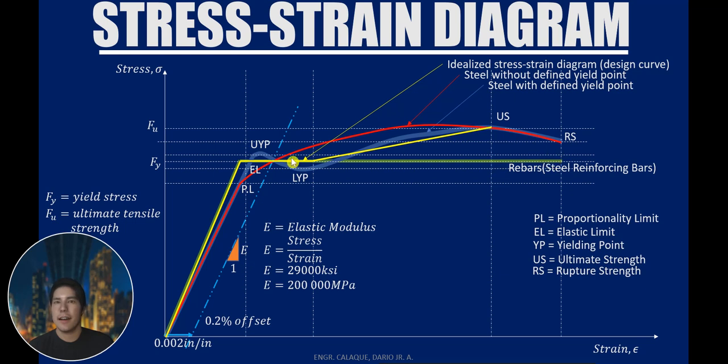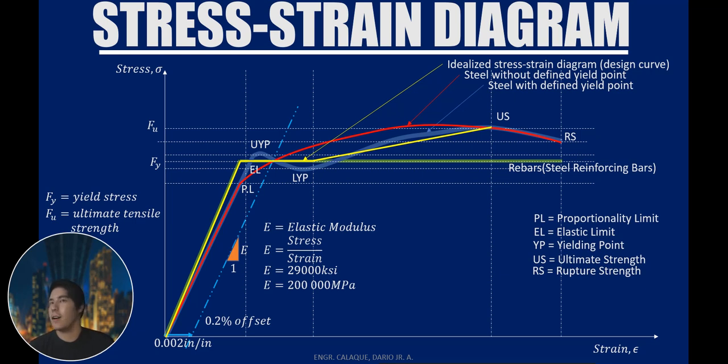So, ano yung significant nito? No? So, meaning, yung ina-allow lang sa atin sa National Structural Code dito sa Pilipinas is we are permitted to use yung maximum na yield stress ng reinforcing bars hanggang Fy. No? So if for instance, yung Fs natin, yung steel stress natin exceeds the Fy, yung assume, no?